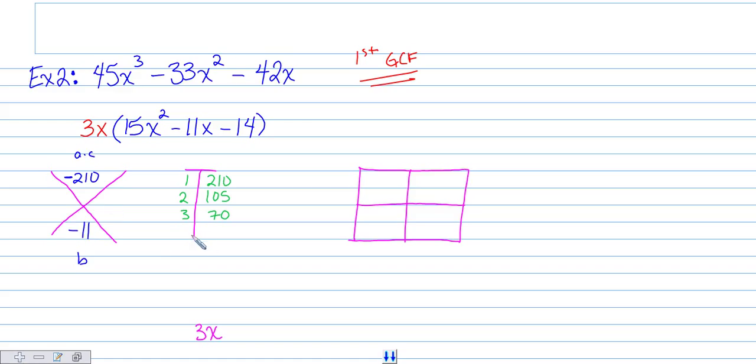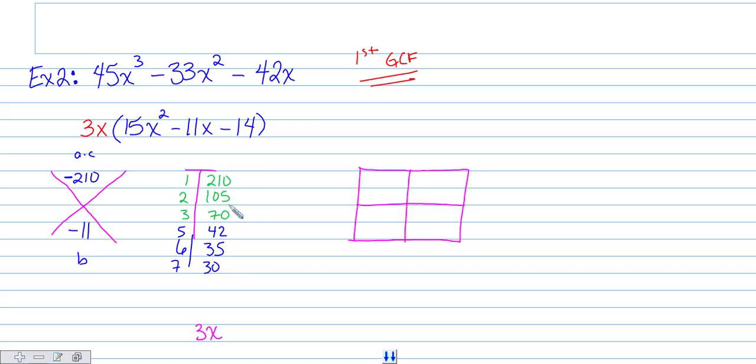Okay? 4, I'm not sure if it goes into it or not. Okay? 5, I know does. So 5, let's see, that'd be 42. 6, it should go into it since 2 and 3 go into it. So 6 and, let's see, that'd be 3 and 5, so it'd be 35. 7 and 30.